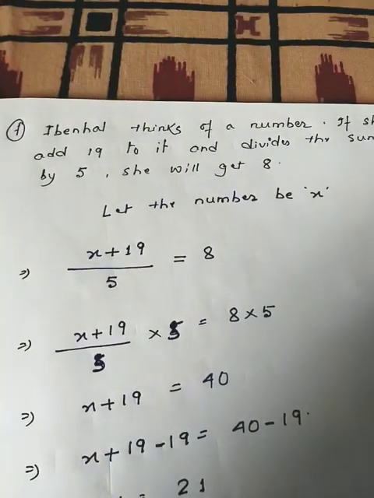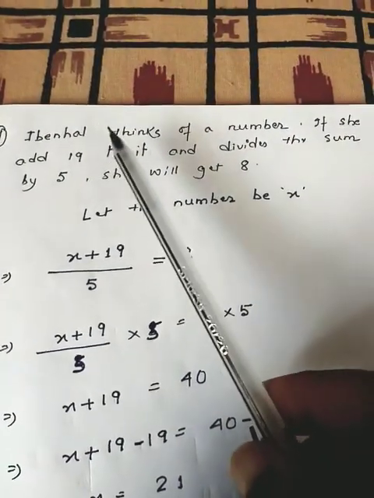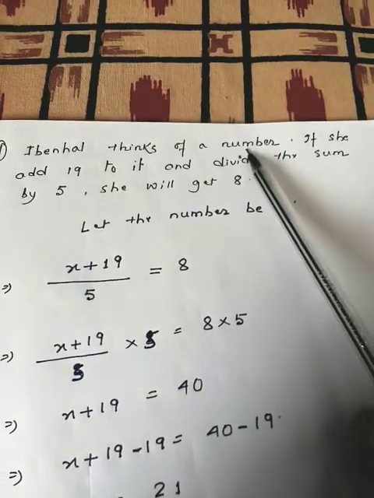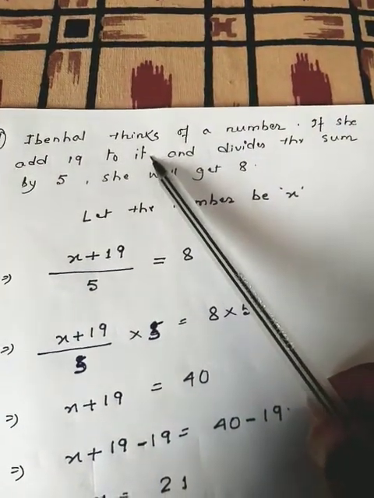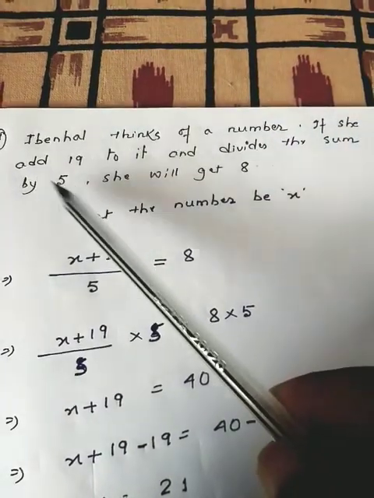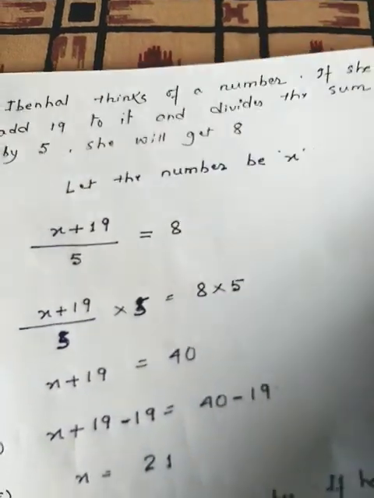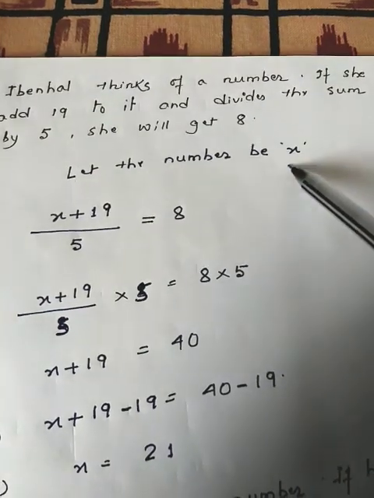Sum F. Ibanil thinks of a number. If she adds 19 to it and divides the sum by 5, she will get 8. Now suppose Ibanil thinks of a number that is x.